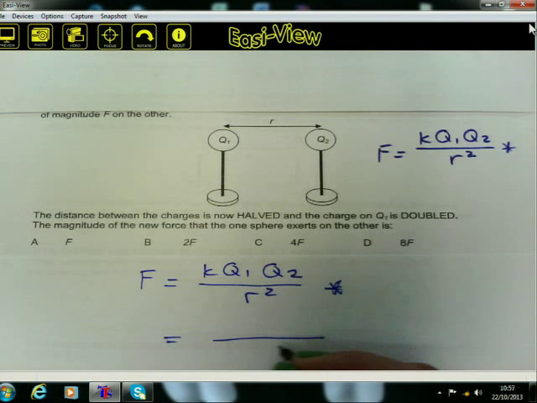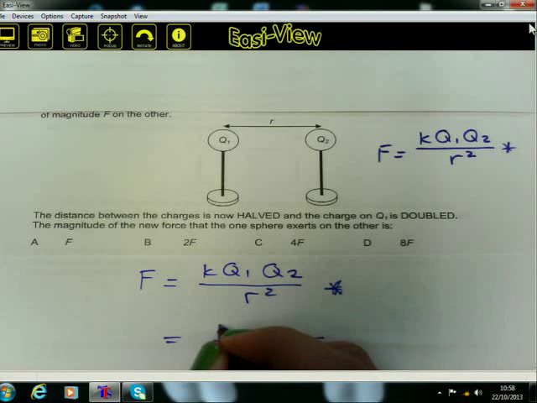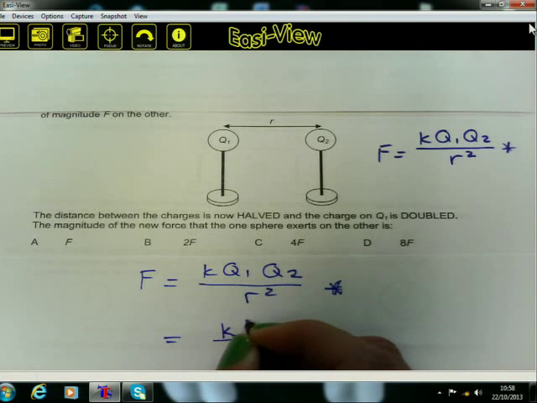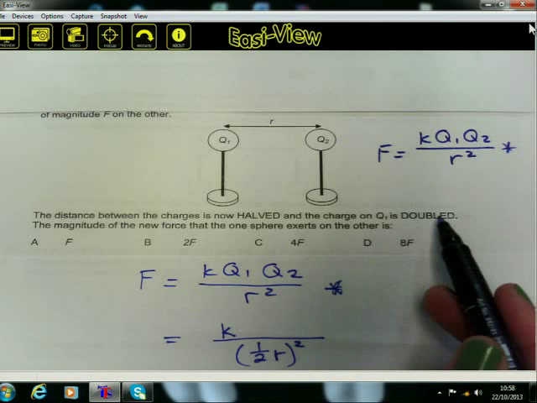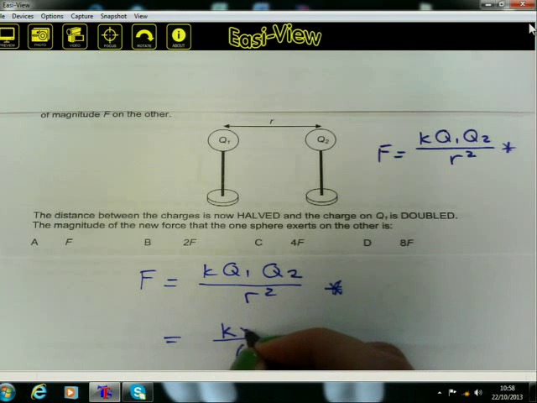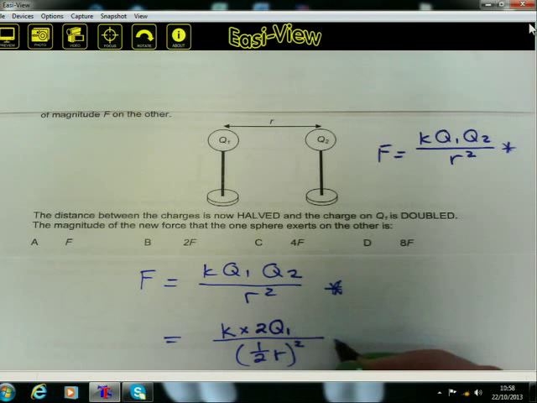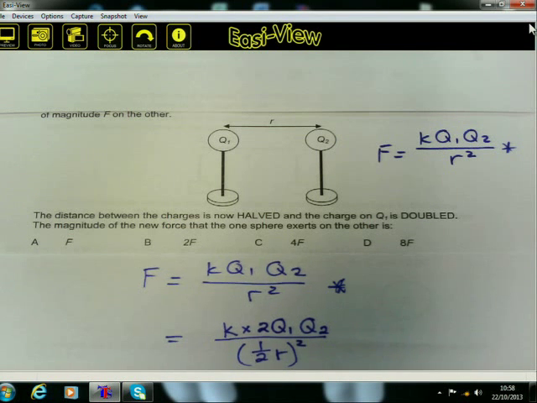So below the line, we're going to put half R squared. But now, what happened to the top? Q1 was doubled. So we have 2 times Q1, but Q2 just stayed the same. Q2 didn't change. So that's how the expression changed now.